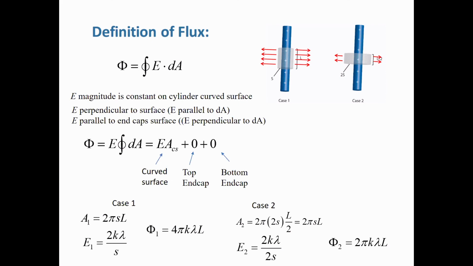As you can see here, 4 pi k is the same thing as 1 over epsilon naught. And lambda, the linear density, times the length is charge. So that becomes charge Q divided by epsilon naught. And so there you have it. This is another way of bringing forth Gauss's law.